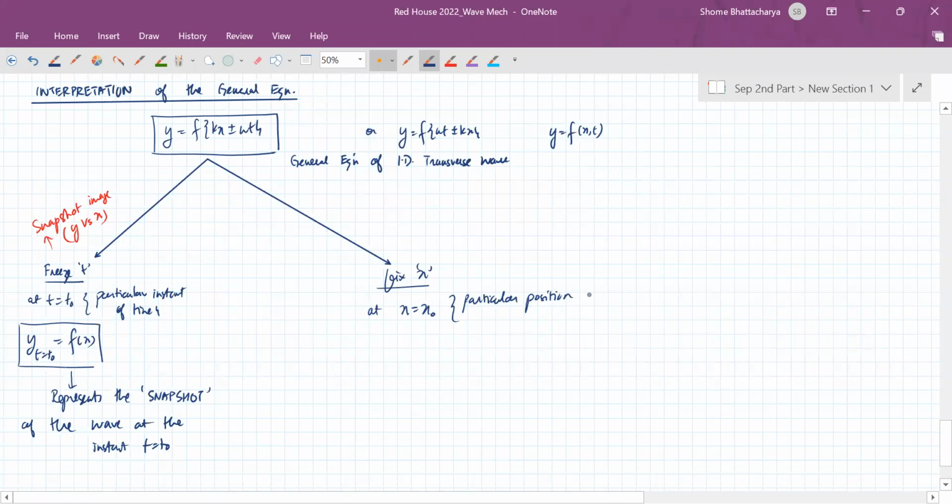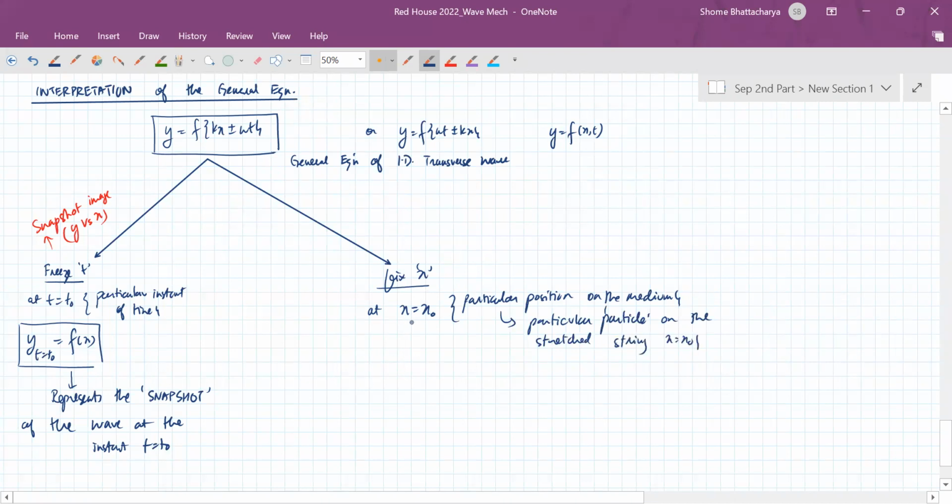So it is a particular position on the medium. Basically, you're looking at a particular particle on the stretched string, which is at the position x equal to x naught.